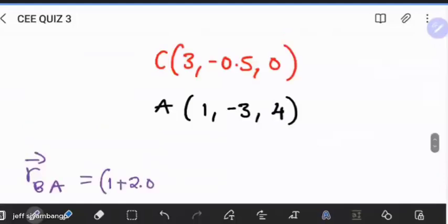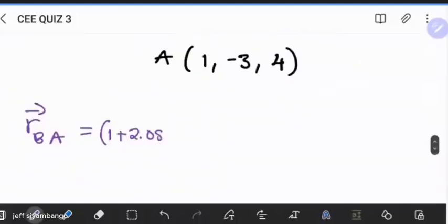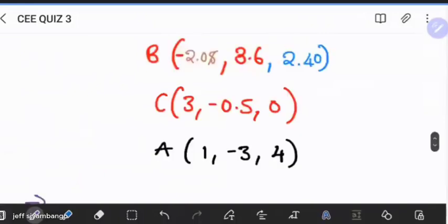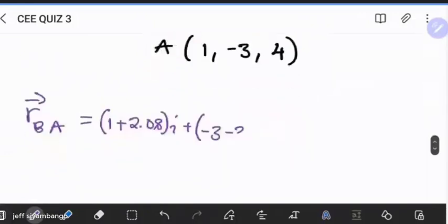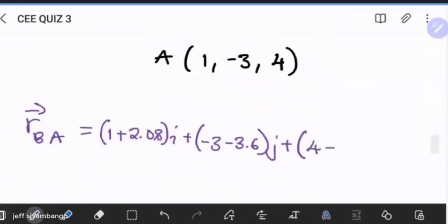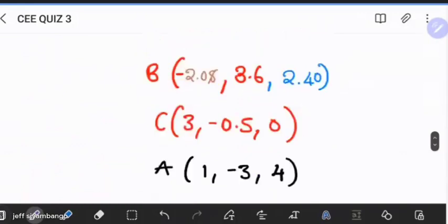That's 0.8. Then plus, in the Y, I have at A minus 3 minus, and then at B, 3.6. Plus, I have 4 minus, and then at B, I have 2.4.